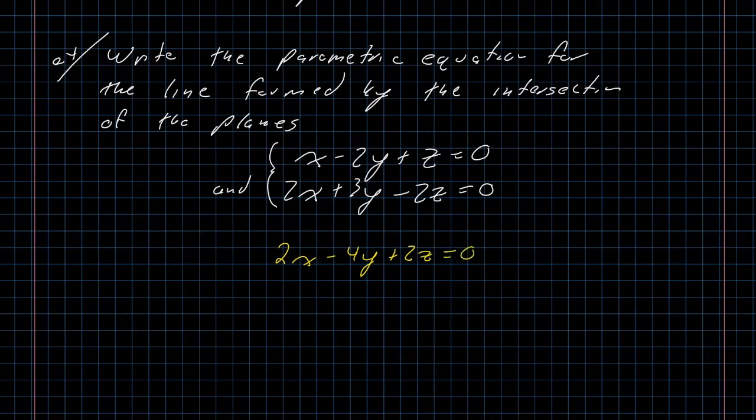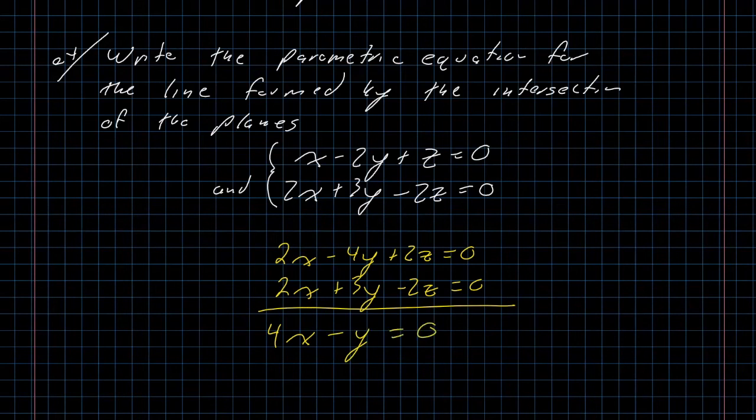And then I leave the second equation alone, 2x plus 3y minus 2z is equal to 0. If I add those together, I get 2 plus 2 is 4, negative 4 plus 3 is minus 1, 2 minus 2 is 0, 4x minus y is equal to 0, or y is equal to 4x.